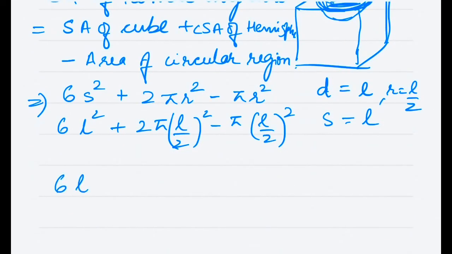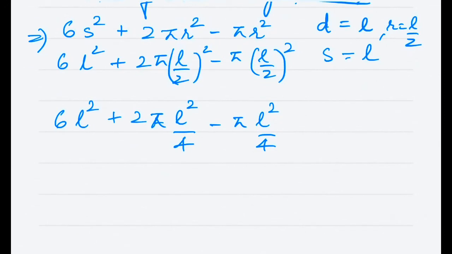Now this becomes 6L square plus 2 pi L square by 4 minus pi L square by 4. So this is 6L square, this is 2 pi L square by 4, this is 1 pi L square by 4.